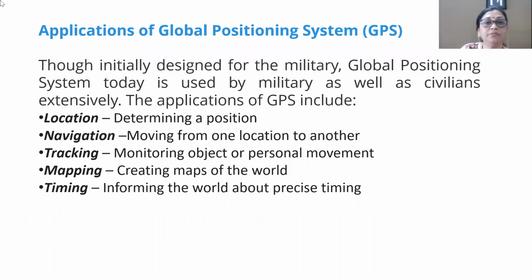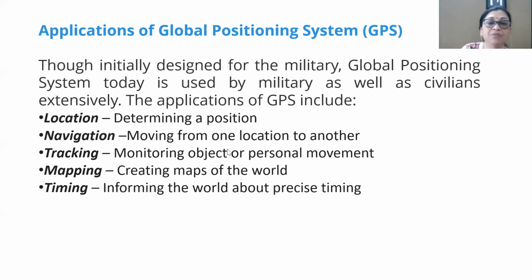Now, you must know the applications of the global positioning system. Initially it was designed for military use, but today it is widely used for civilian applications. Okay, so location finding, that is determining a position.